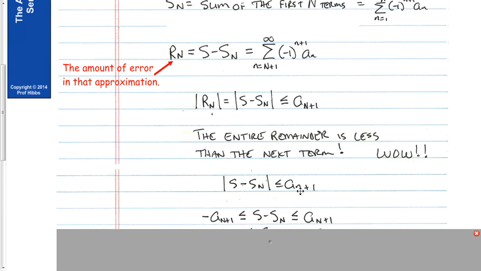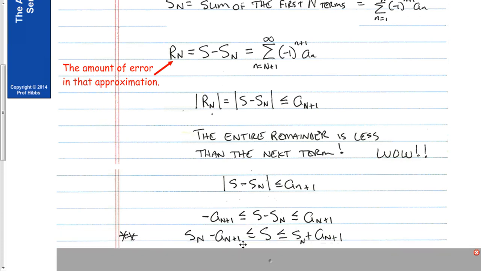That should be a capital N instead of a lowercase n. If the absolute value is less than or equal to the number, then what we're taking the absolute value of has to be between the negative of that number and the positive of that number. So S minus S subscript n is between negative a sub n plus 1 and positive a sub n plus 1.